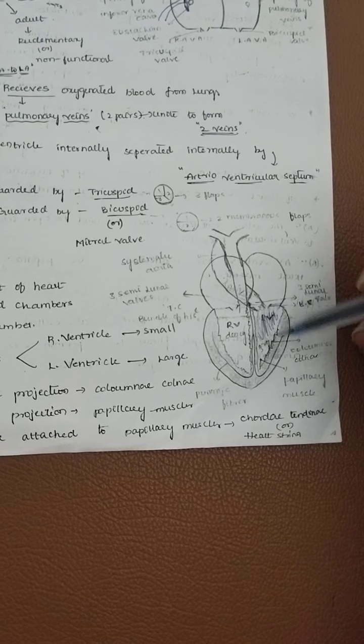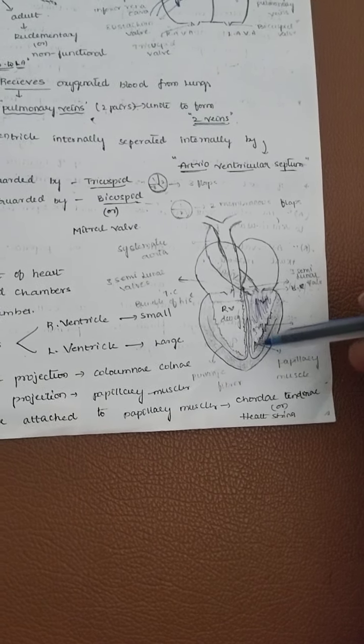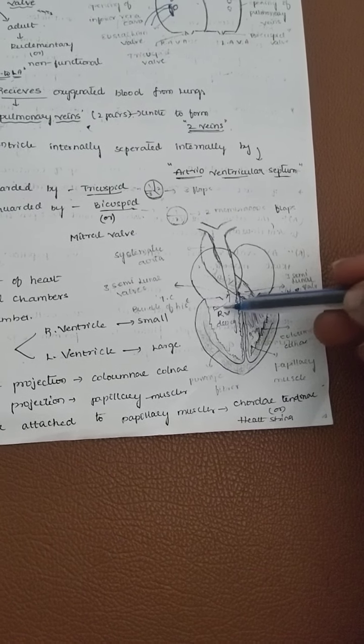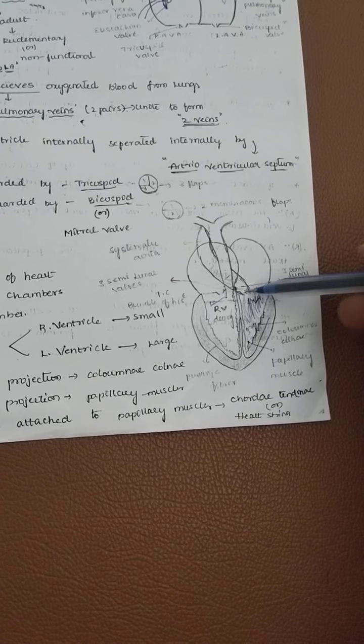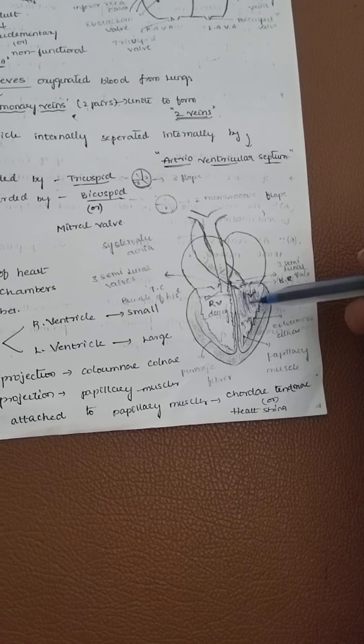This ligament is called the chorda tendineae. I am repeating: the papillary muscles are connected to the tricuspid and bicuspid valves by a ligament, and that ligament is called the chorda tendineae.